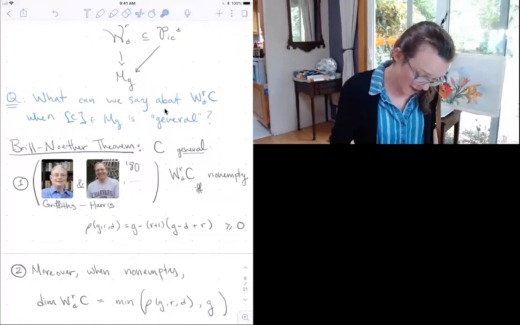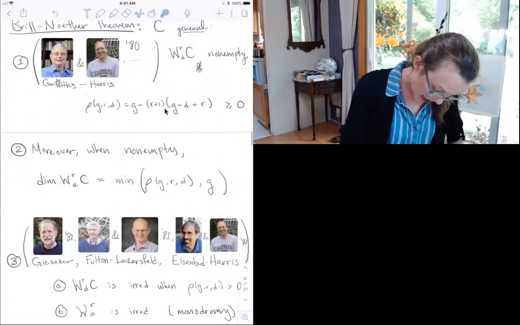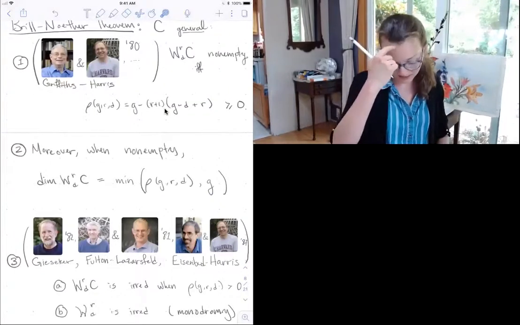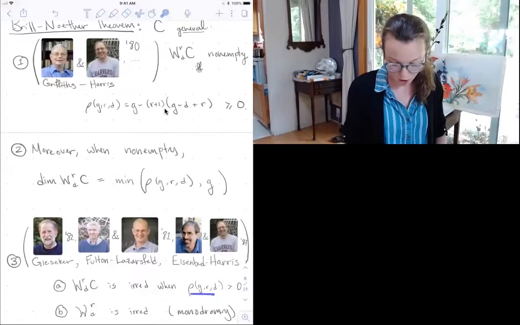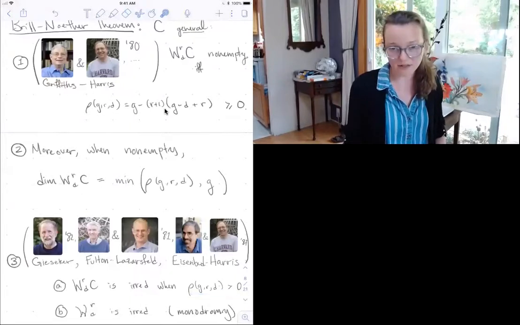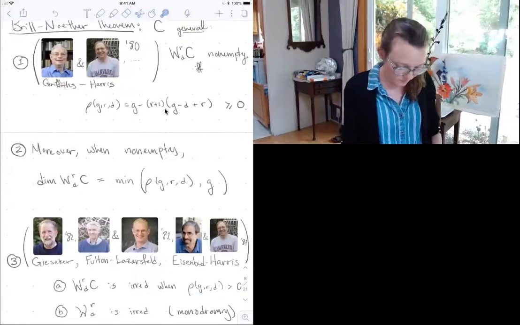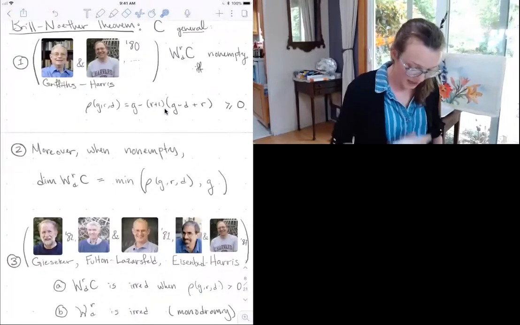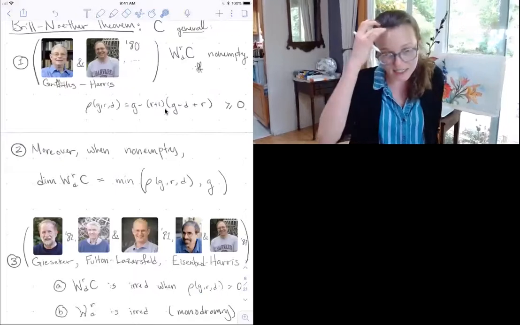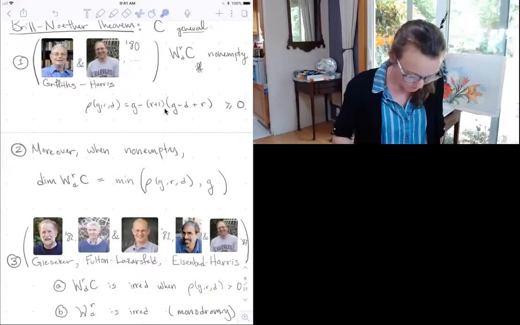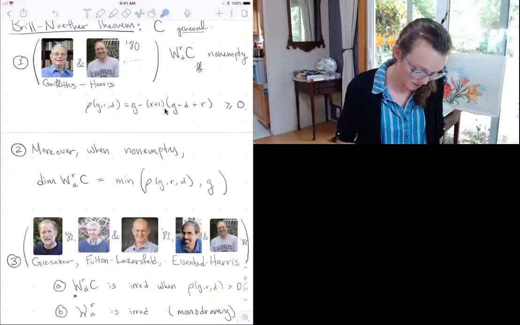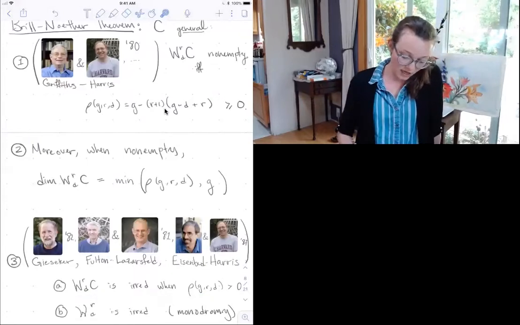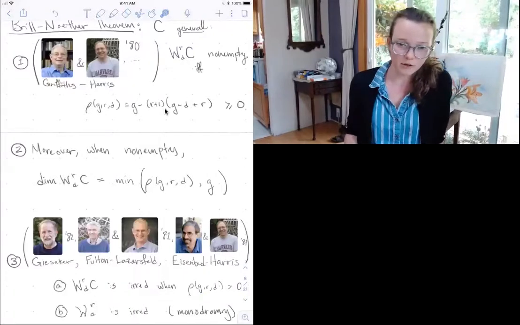Okay, so the next question was about irreducibility, and you can deduce irreducibility of W^r_d of C in the case that rho is strictly greater than 0, is positive, from Gieseker's proof of the Gieseker-Petri theorem and Fulton and Lazarsfeld's connectedness theorem. That together combines to prove that W^r_d of C is irreducible when it's positive dimensional, but actually something even stronger is true.